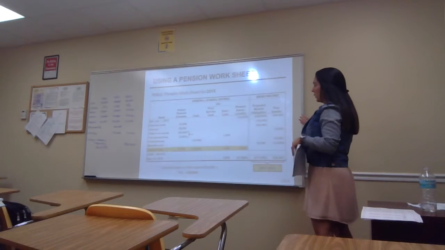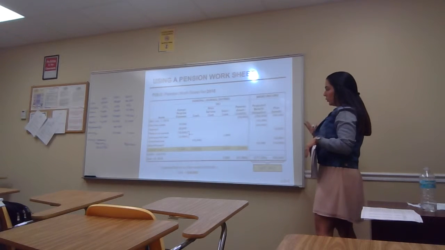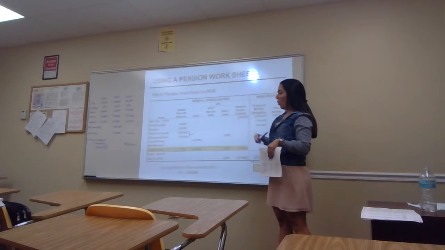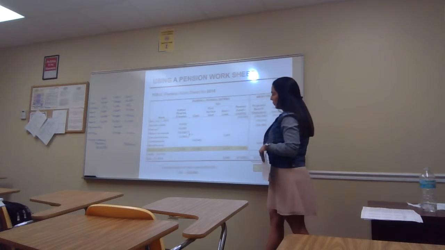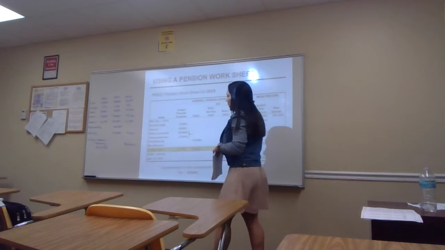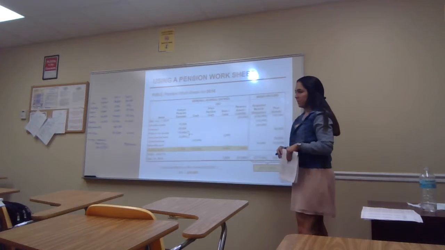So the slide that we went through that discussed gains or losses had two scenarios: a change in your fair value or a change in your actuary assumption, which we're going to see in the last year, 2018. When we get to 2018, you'll see how it affects your gain and loss as well.